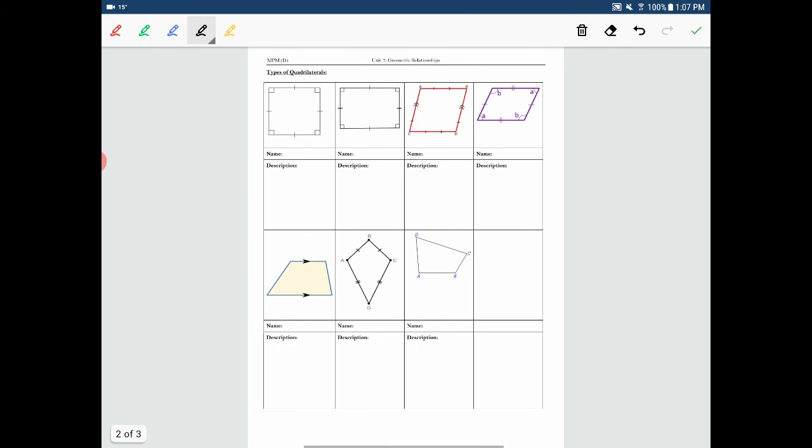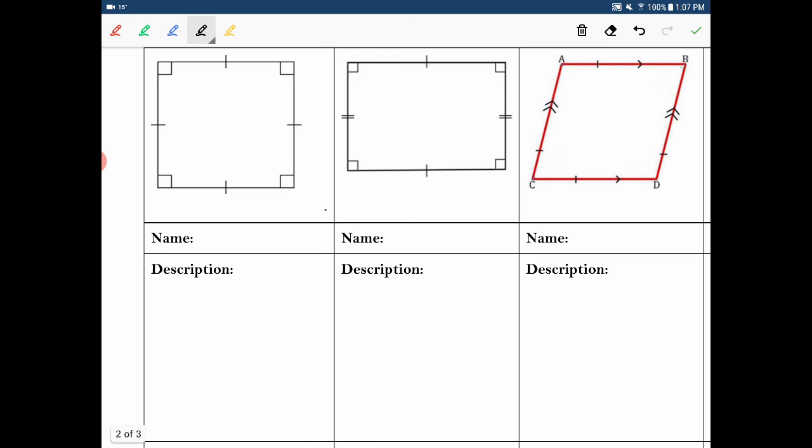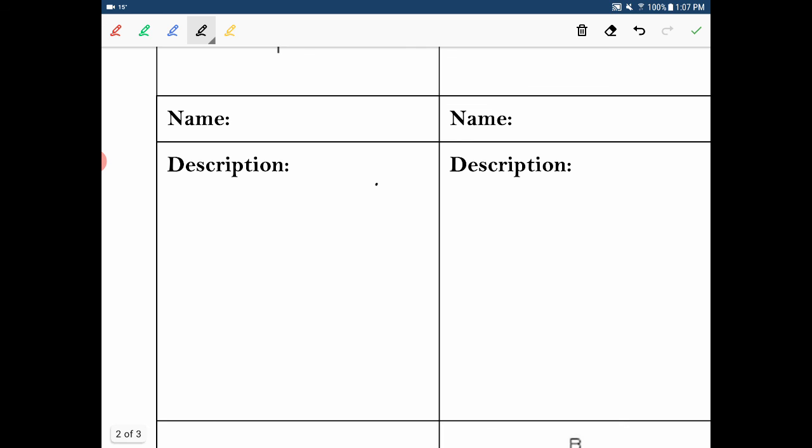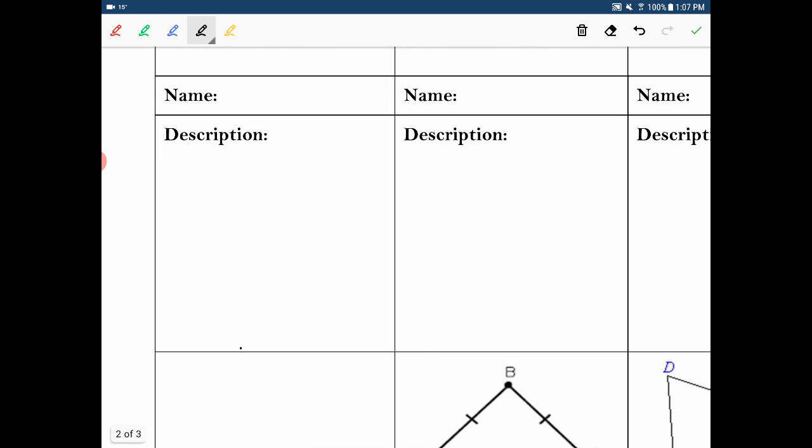Let's jump over to the next page, and we're going to take a look at the different types of quadrilaterals. You mostly know all of this, but you maybe haven't had it explicitly spelled out. The first one is the square. Hopefully you are all familiar with a square at this point in your education.